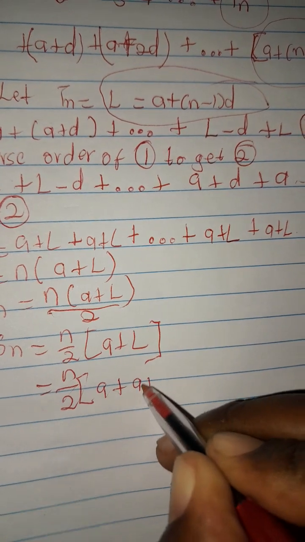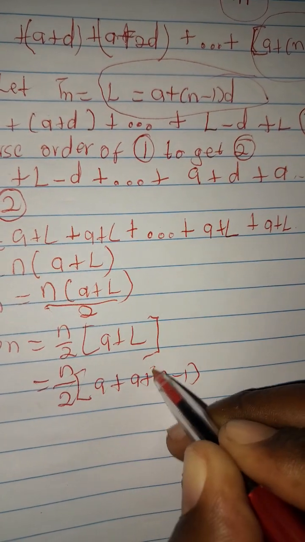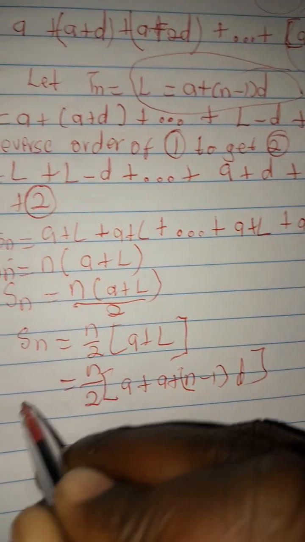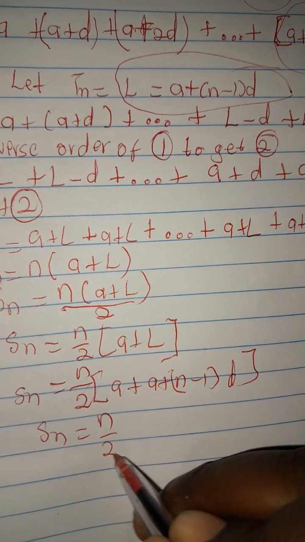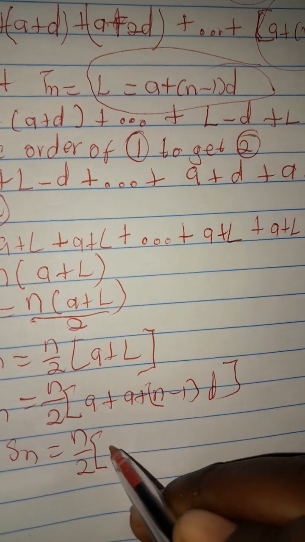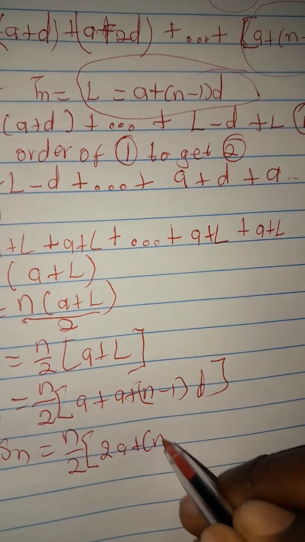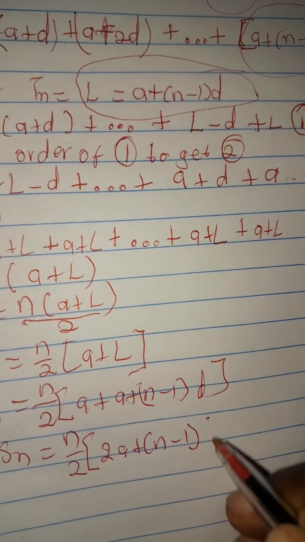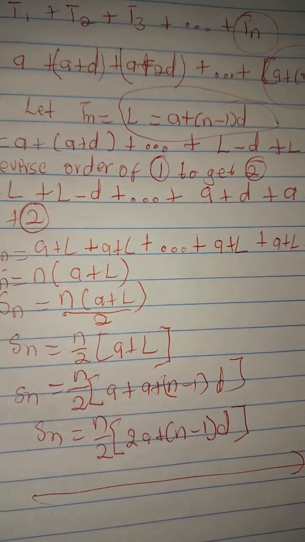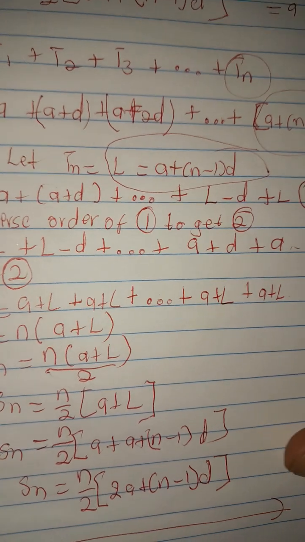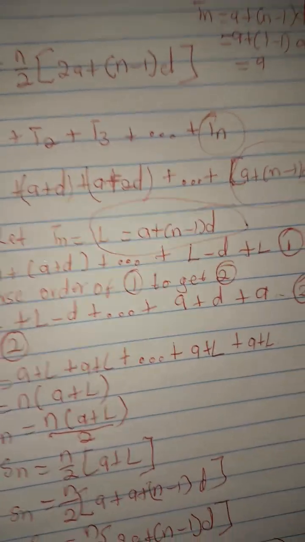So we have A plus A plus n minus 1 D. Then A plus A will be 2A, then this is n minus 1 D. Right. This is beautiful. Hence we have proven, guys.